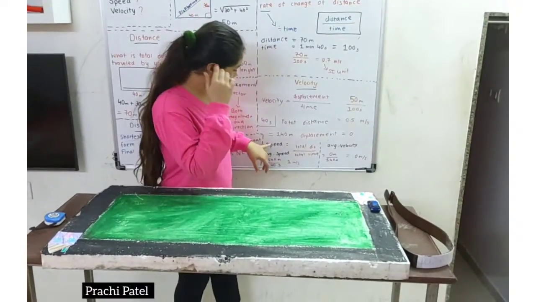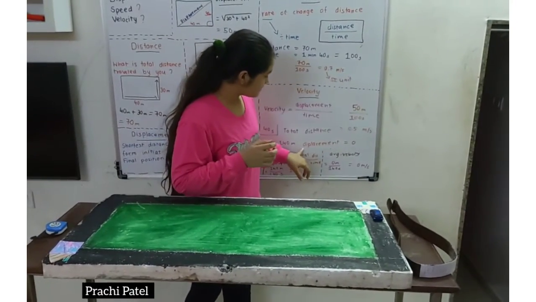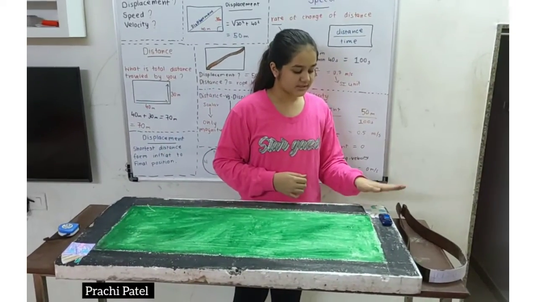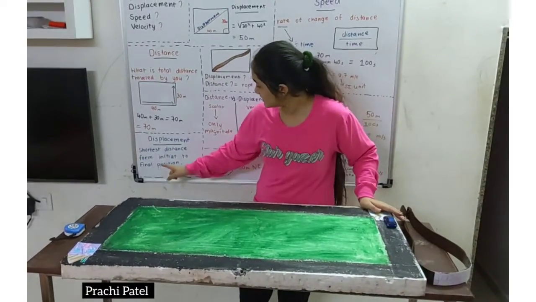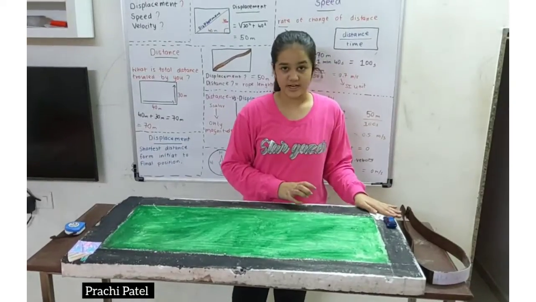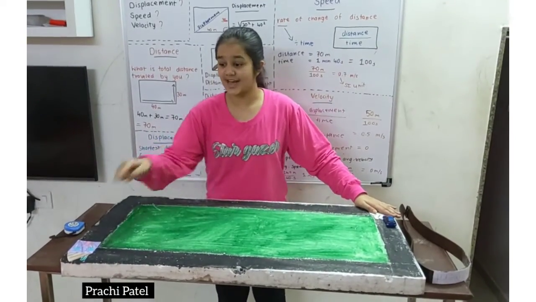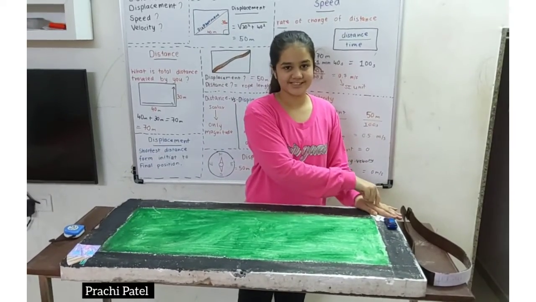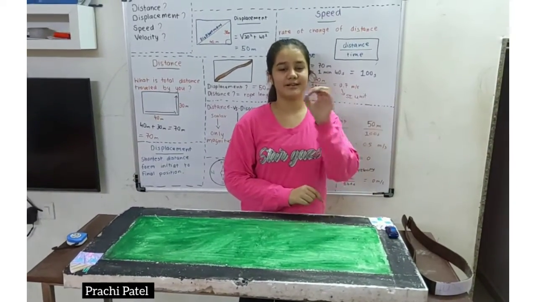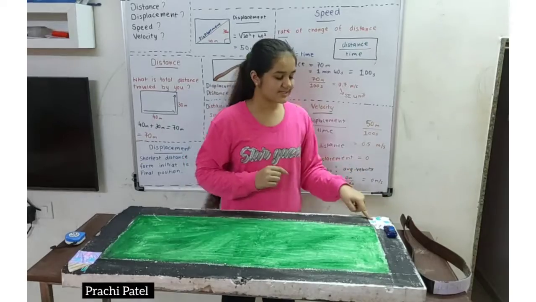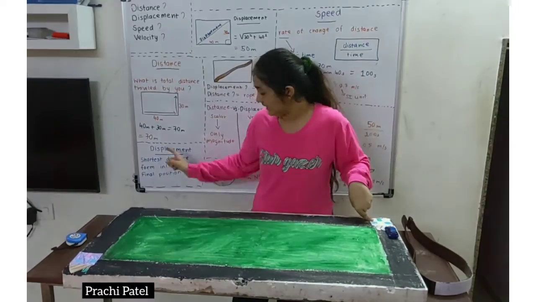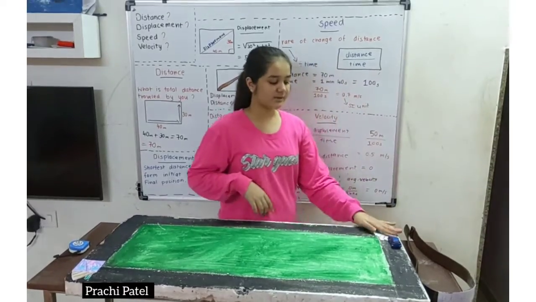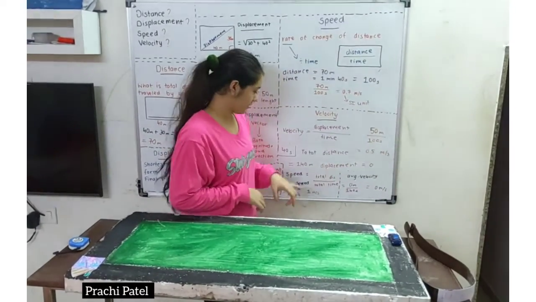In this case, our displacement is 0. Why? Because this was our initial position and this was our final position. But we came back to the initial position, which is this. So the displacement will be 0 because the initial position and the final position are the same.